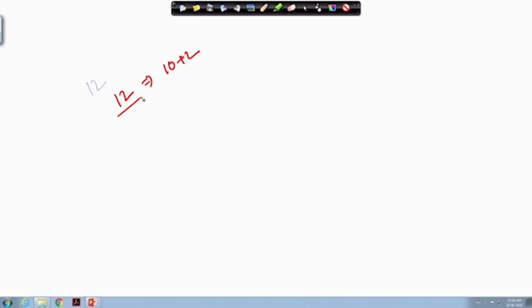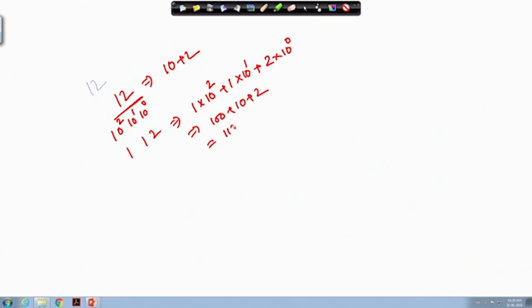Basically in 12, the 2 is at 10 to the power 0 position and the 1 is at 10 to the power 1 position. And for 112, it is 1 into 10 to the power 2 plus 1 into 10 to the power 1 plus 2 into 10 to the power 0. So this is 100, this is 10, this is 2, total 112.